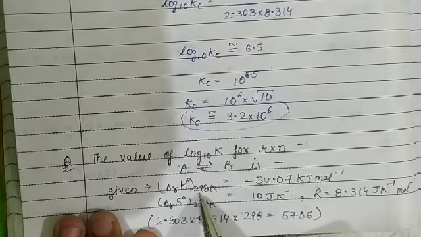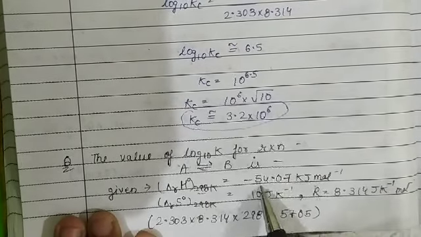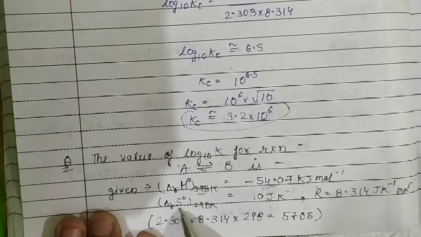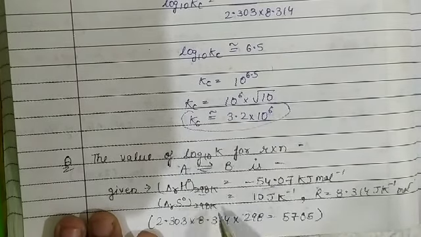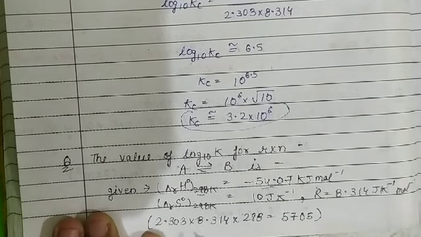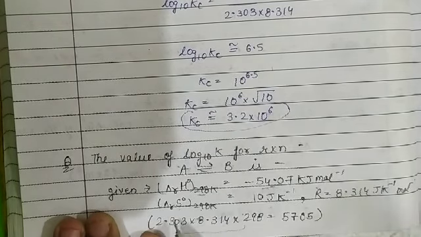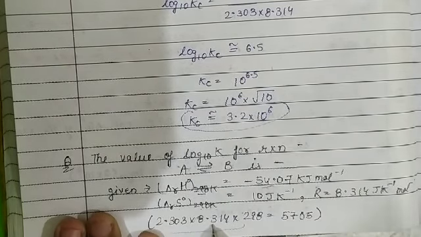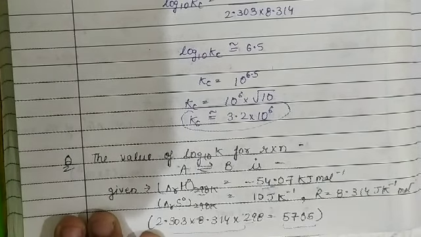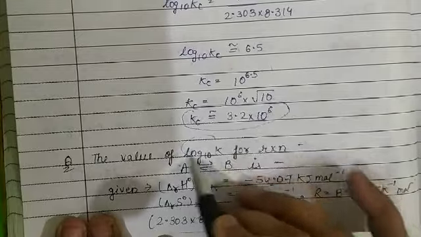Delta H naught of the reaction at 298 Kelvin is equal to minus 54.07, and the entropy change, delta S at 298 Kelvin, is given as 10 joule per Kelvin. The value of R is also given, and one simplification is also given: 2.303 multiplied by 8.314 into 298 equal to 5705. We have to find the value of log K.